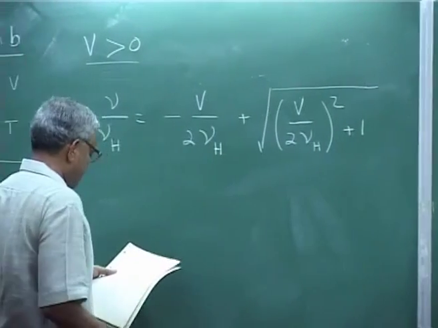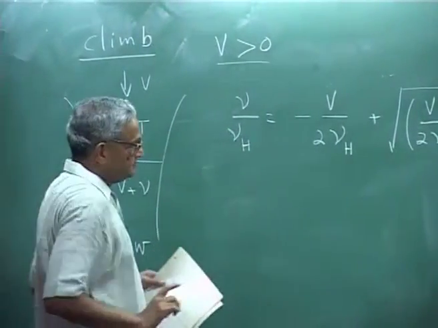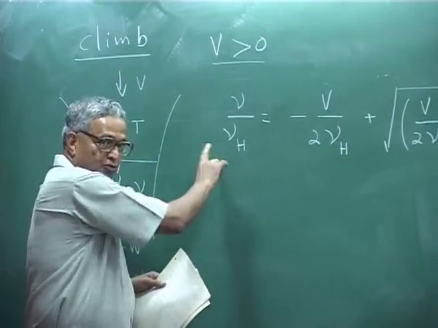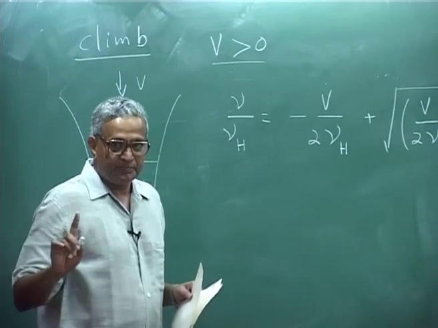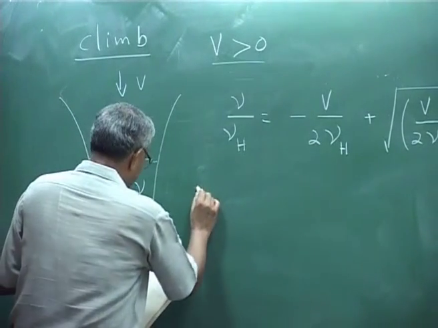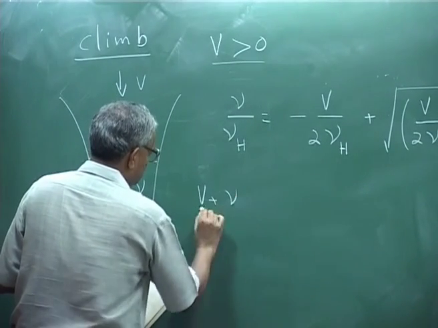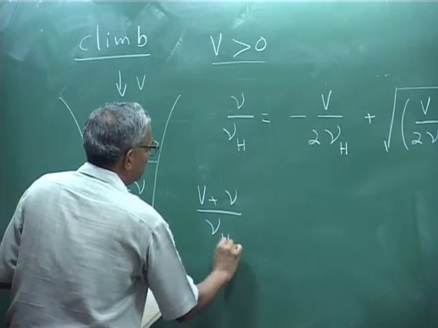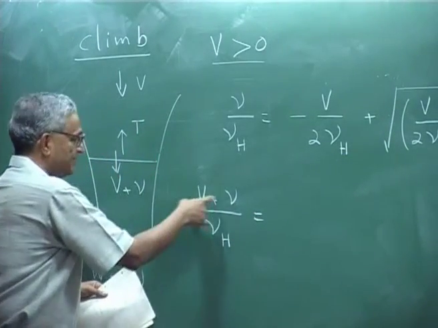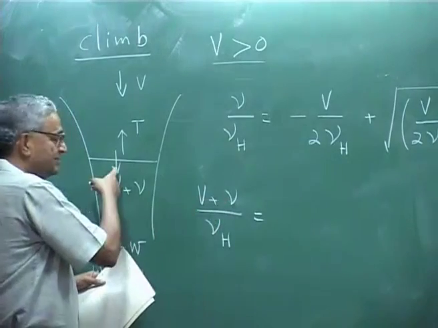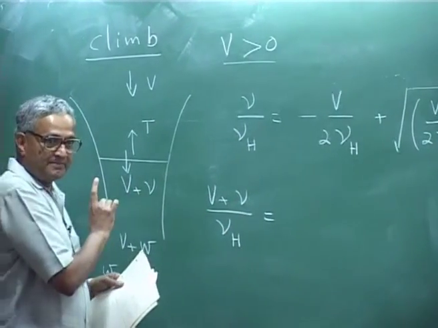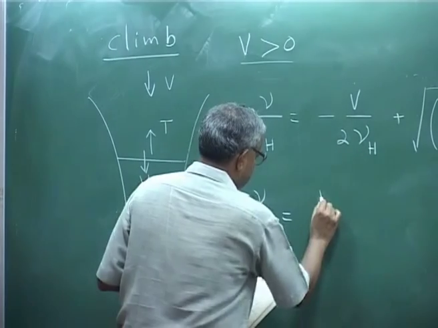Okay, and then nu h is hover inflow, and we also wrote V plus nu over nu h. This is the velocity at the rotor disc. Okay.